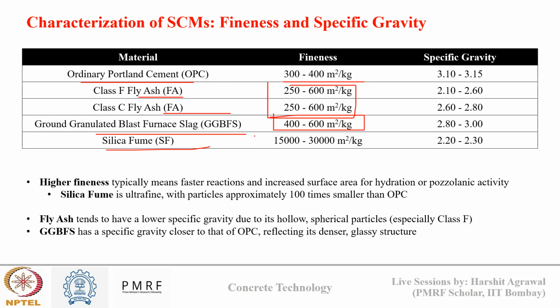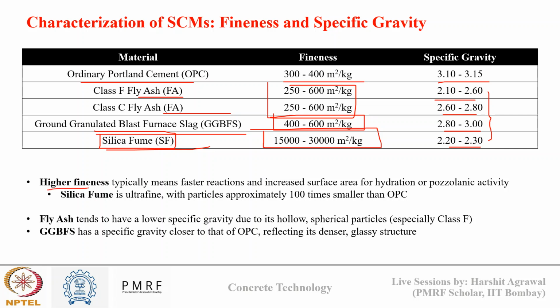However, silica fume is much finer than these other cementitious materials, 10 to 15 times finer than OPC, fly ash, and GGBFS. So that's why it is highly amorphous in nature. And in terms of specific gravity, all these SCMs have lower specific gravity compared to OPC. So these are lightweight materials.